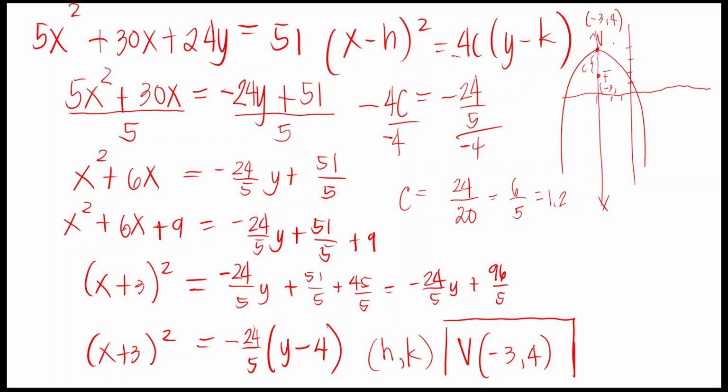Okay? From the figure, we know that negative 3, 4 is higher than the focus, or that the focus is below the vertex. Therefore, to get the y value of the focus, we subtract c from the y coordinate of the vertex. The y coordinate of the vertex is 4.